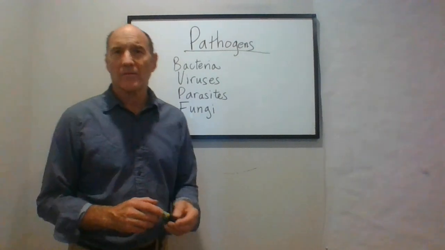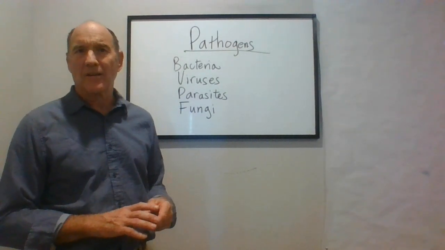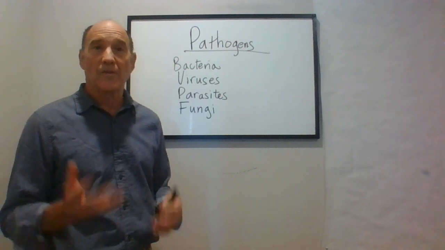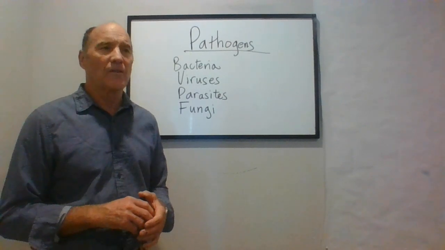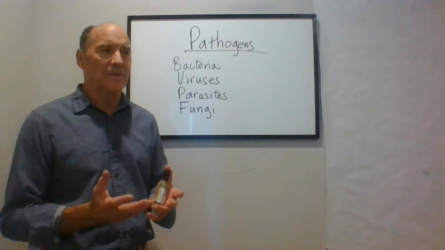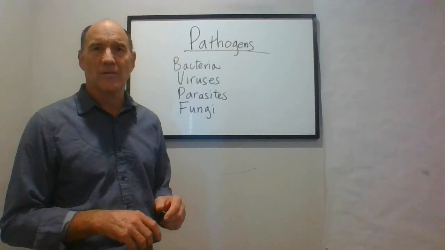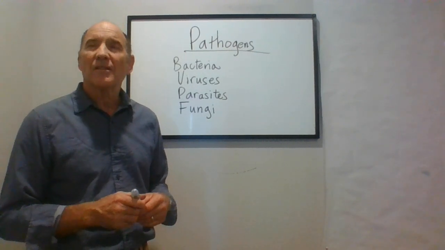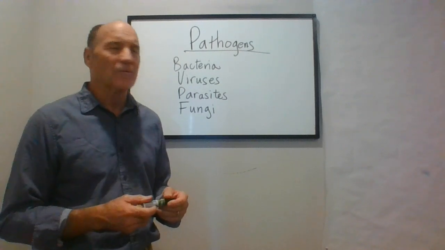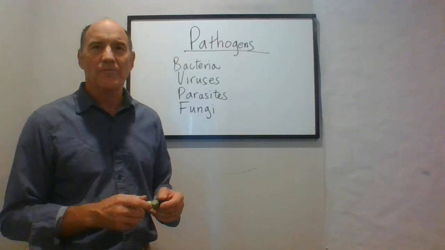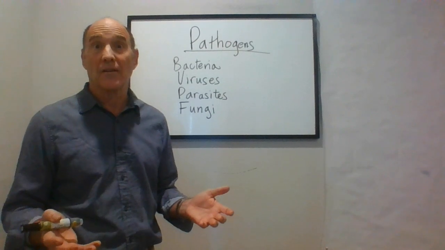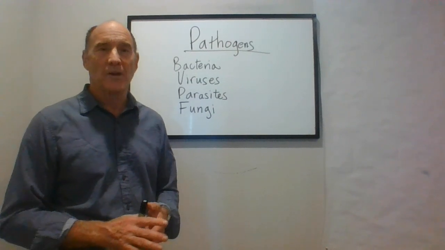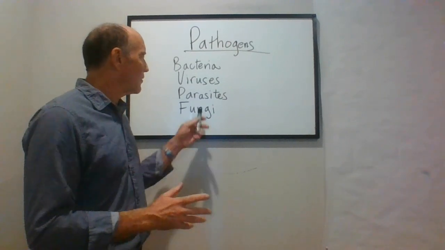Parasites are Giardia, say, or worms. It's like some kind of animal in you, or like a microbe. Giardia is a microbe. Dysentery is caused by an amoeba. That's a parasite. Those kinds of things are parasites.